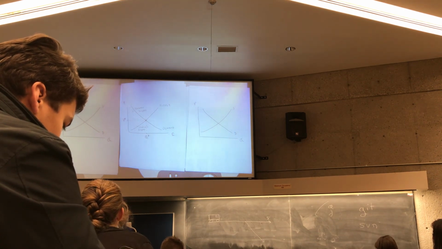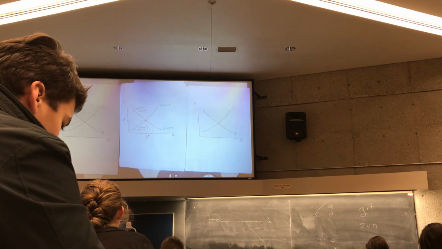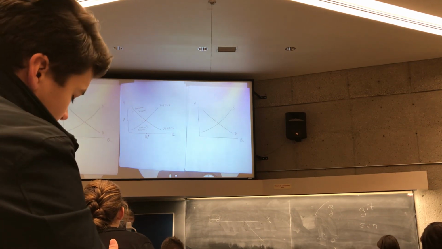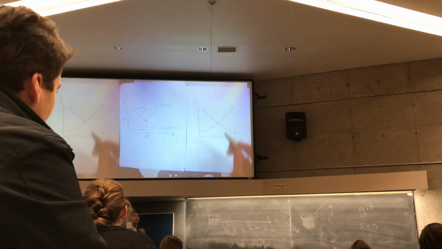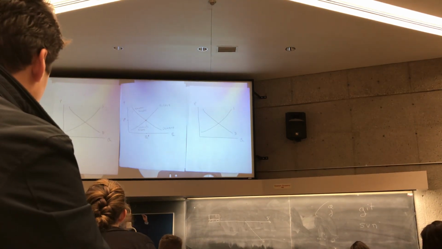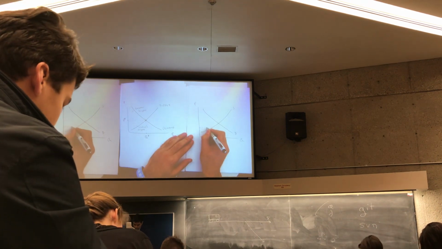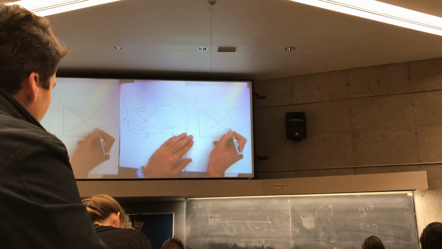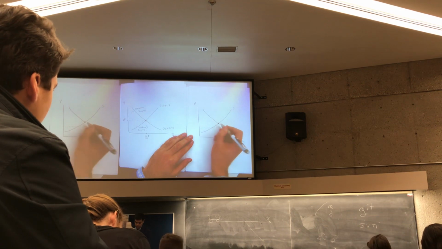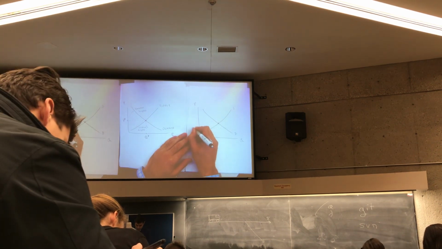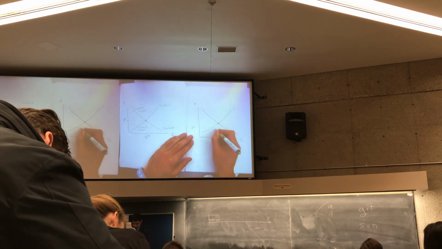The price is too damn high. We need a lower price. If the government comes in and says it is illegal to set a price above something, we call that a price ceiling. The government sets a price ceiling below the equilibrium price. This is the price C, for ceiling.